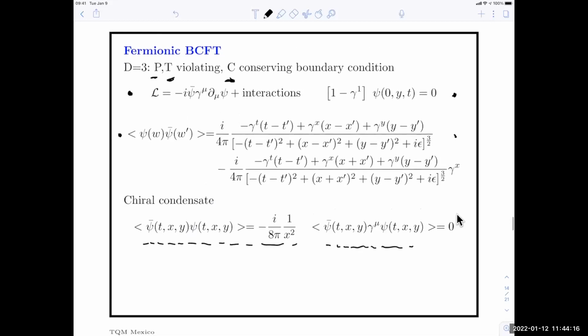One could perhaps ask a more complicated question. For example, there's a rather well-known result in usual boundary conformal field theory, which asks if you switch on a background electric or magnetic field, or electromagnetic field, how does the system respond? What are the one-point functions?